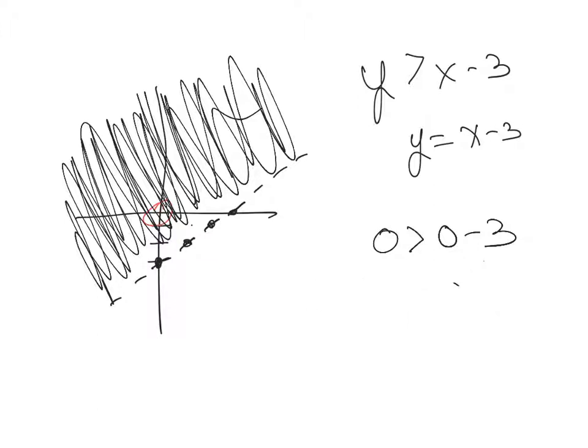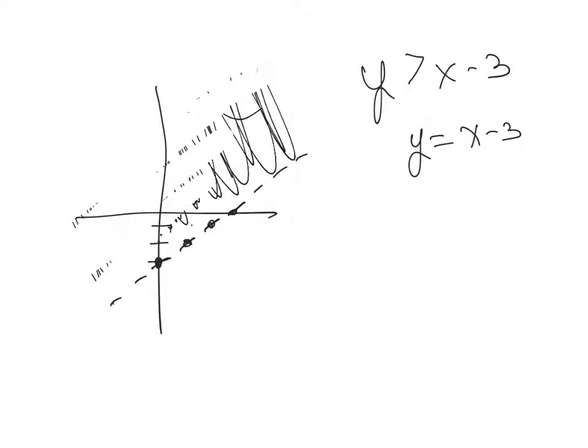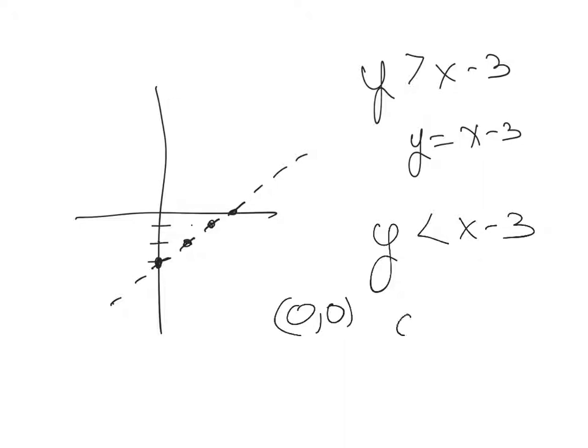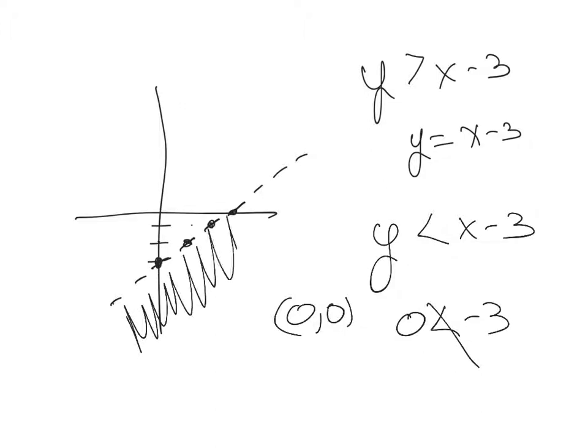If, however, I was dealing with y is less than x minus 3, and I plugged in the origin 0, 0, and I got 0 is less than negative 3, which is not true. Okay, that is not the case. I'm going to actually shade the other side of the line.